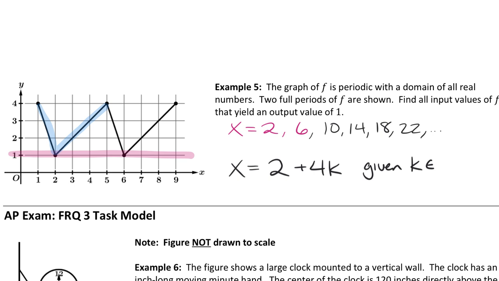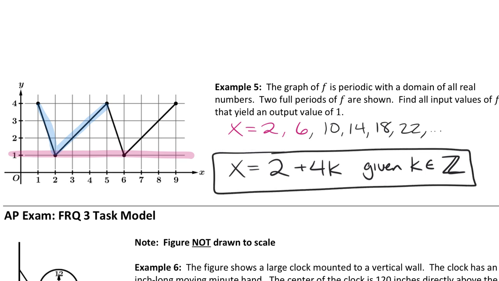And the integer symbol in mathematics is a bold Z. The same way you wrote a bold R for all real numbers your whole life, integers is a bold Z. This is how you would give a general solution to a periodic phenomenon, because every 4 units after 2 or before 2, there is going to be a repeat of the pattern. And just so you remember what this means, k is an integer. That's what that means.